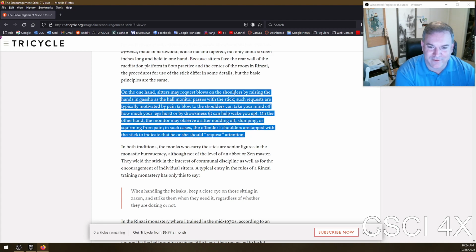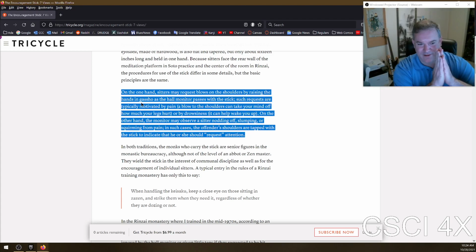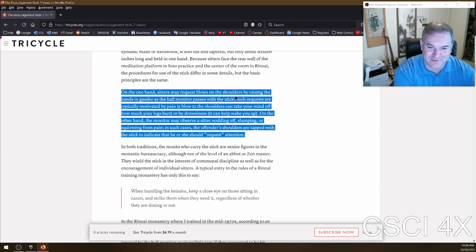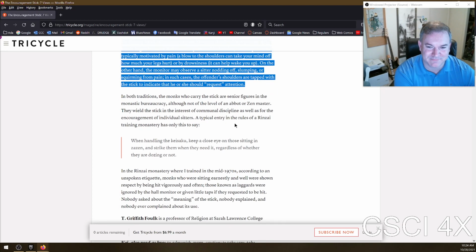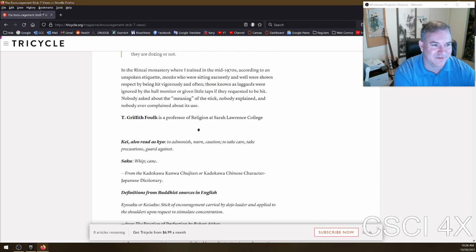You may request blows on the shoulders by raising the hands in prayer. Gasho is prayer. As the hall monitor passes by with the stick, such requests are typically motivated by pain or by drowsiness, or if somebody's nodding off, they come over and whack him. Yeah, so it's a thing.